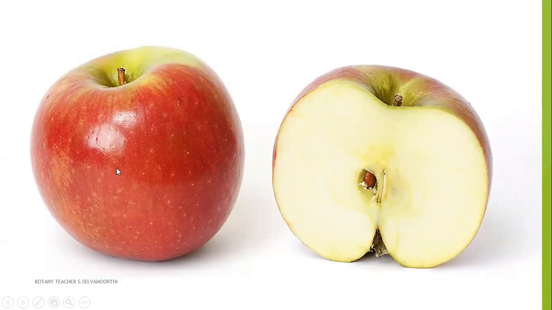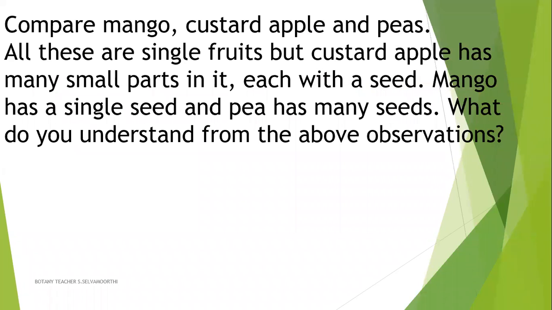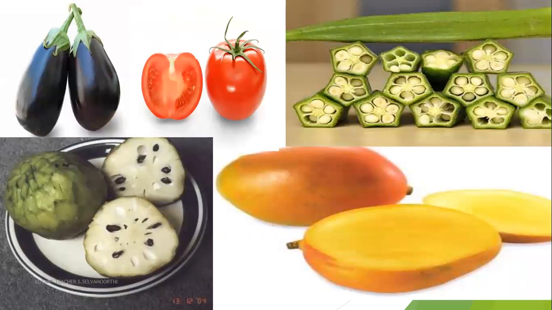After fertilization, the fruit and seed are formed. Here is a collection of some fruits like tomato, brinjal, lady's finger, mango, peas and custard apple.